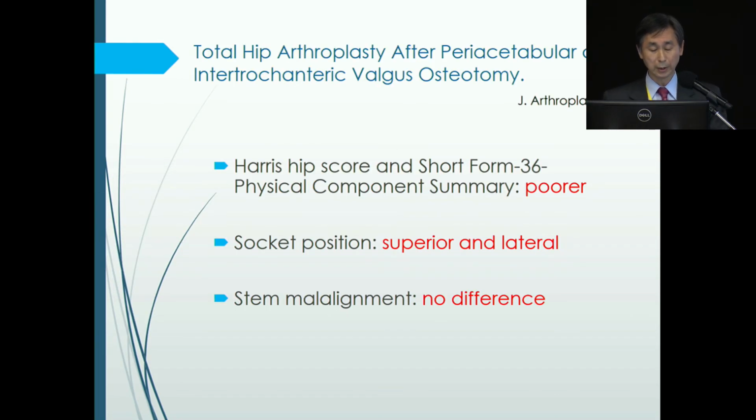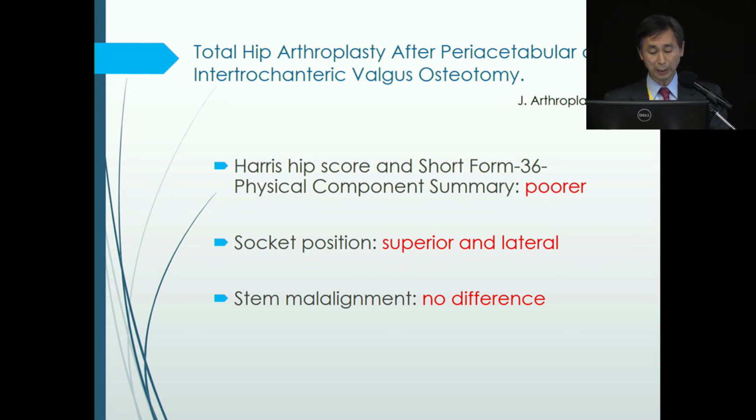In discussion, we found some studies on the clinical outcomes of THA after acetabular osteotomies. These studies show the outcomes of THA after PAO combined with valgus osteotomy. Clinical results were poorer compared to the conventional THA. Socket position tended to be superior and lateral.